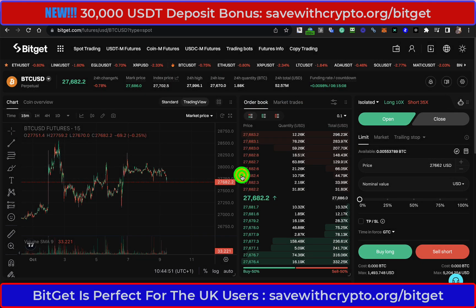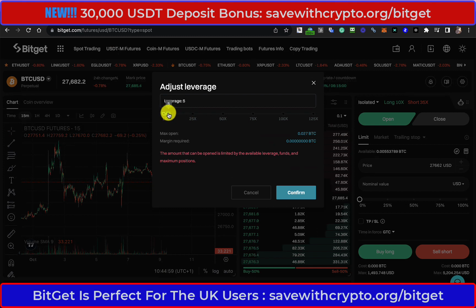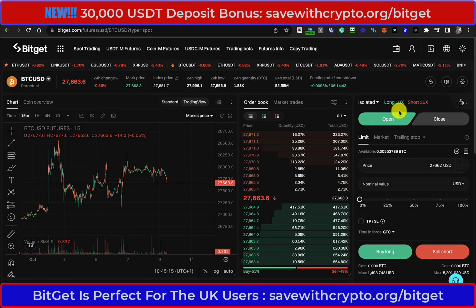Okay, so do that. The actual leverage you're using, if you're a beginner, literally 2 or 3x. I'm going to use 10 on this because I'm only going to use a very small position. But I'll show you the consequences of this in a moment. So we're using 10x leverage on isolated.